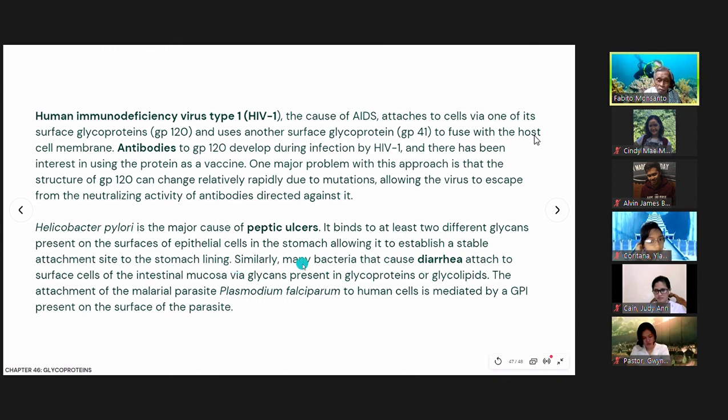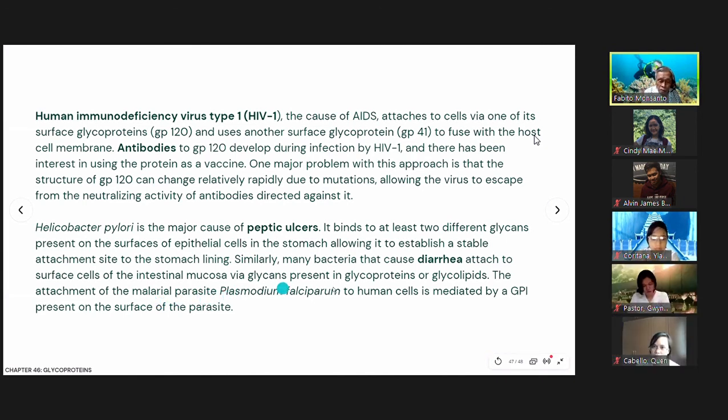Very similar to bacteria that also cause diarrhea. Similar also to the attachment of the malarial parasite, Plasmodium falciparum. It is mediated by GPI present on the surface of the parasite. Okay. All right.